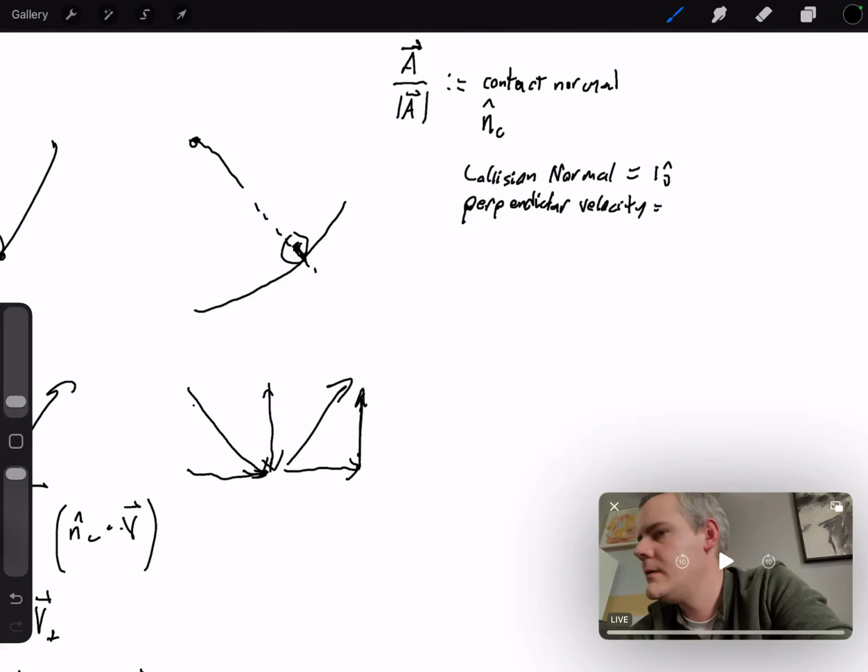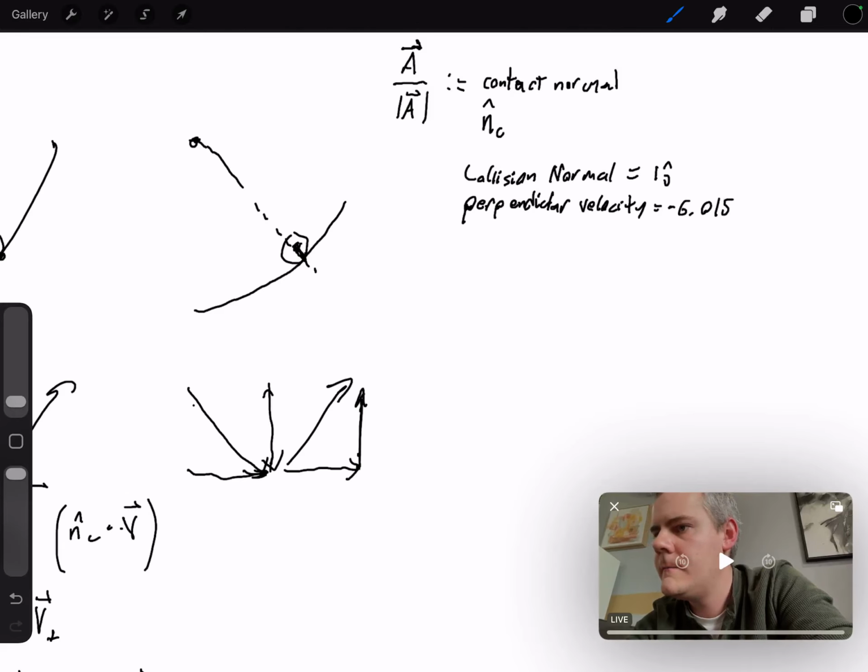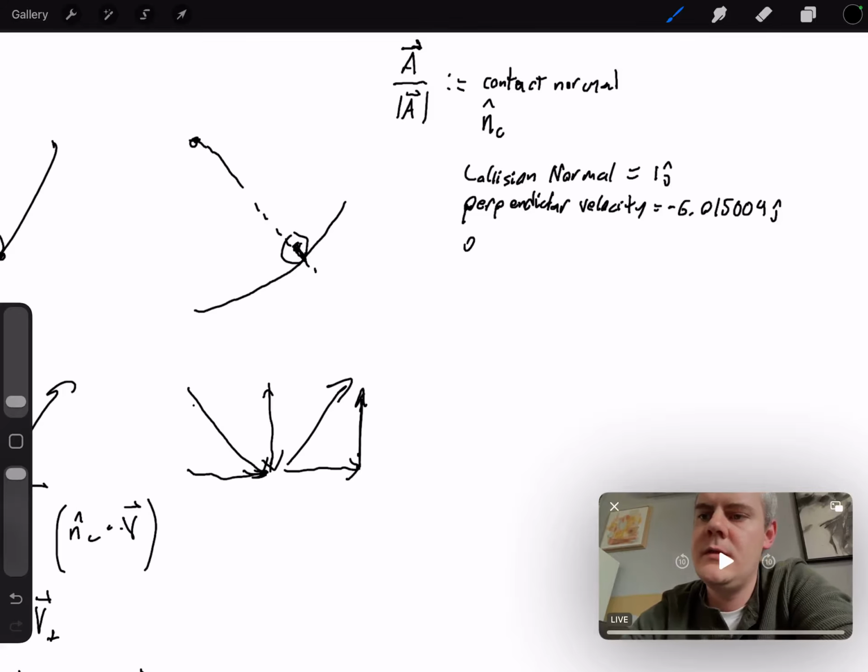What do we see here? Negative 6.01504 J. How do I feel about this value? It's falling down. The contact normal is pointing up. The ball is falling down. I like that value. Parallel velocity, 0. I like that too.